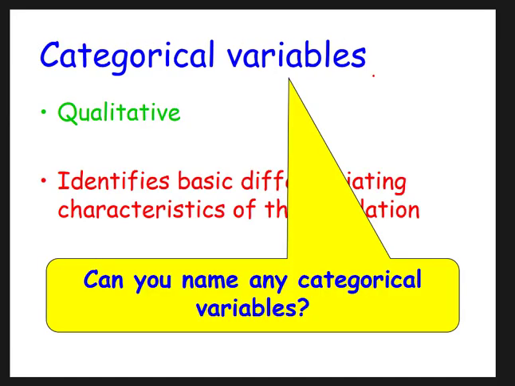Examples of categorical variables. Any yes or no question puts you in a category. Do you favor this proposed law? Yes or no? That's a category. Favorite color. That puts you in a category of people that like blue or red or green or whatever color.